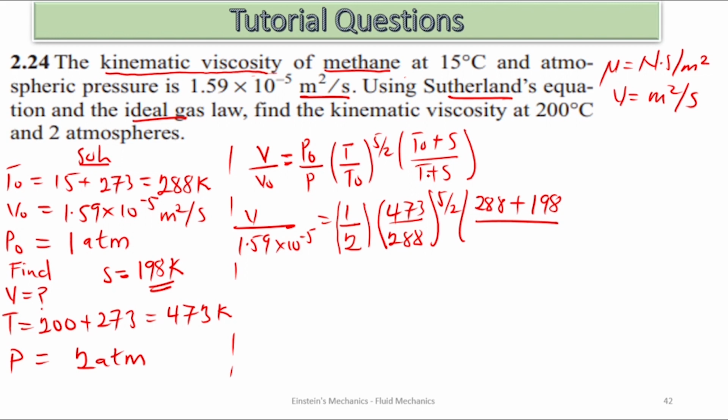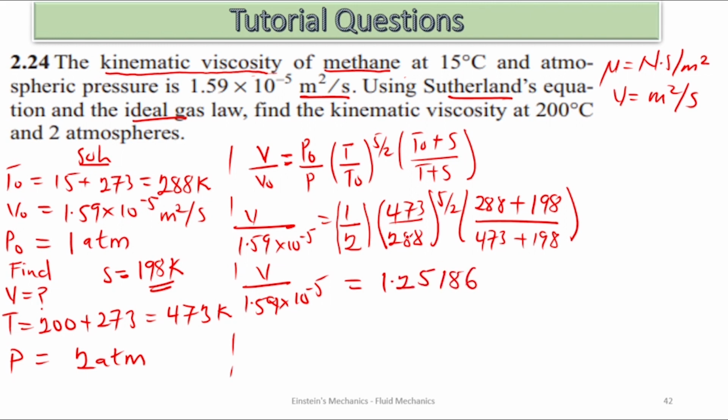So 198 on our T, which is 473 plus 198. If I punch everything in, I'm getting 1.25186 from the whole of this.